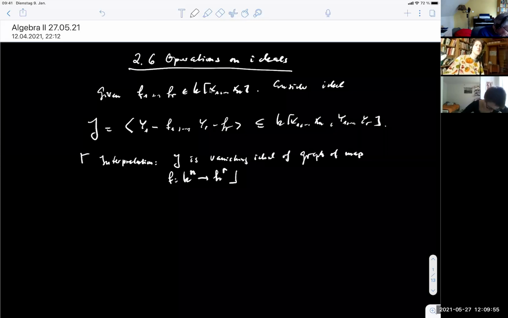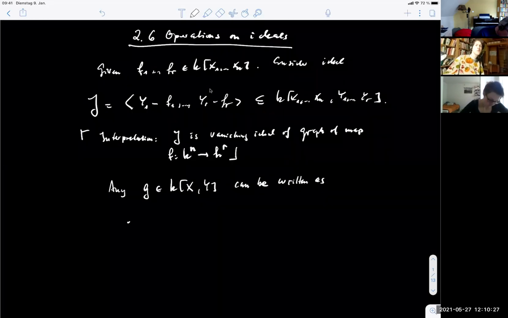Right. So now, what can we do with this ideal? Let's assume I have any polynomial in the x and y variables. Let's call this g. I have a polynomial g in x and y. It can be written as, so I claim I can write any g in the following form.